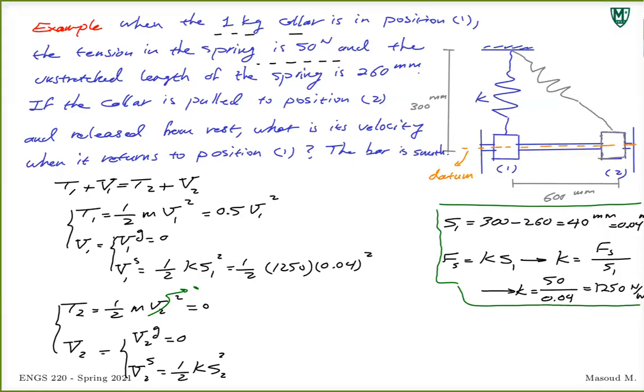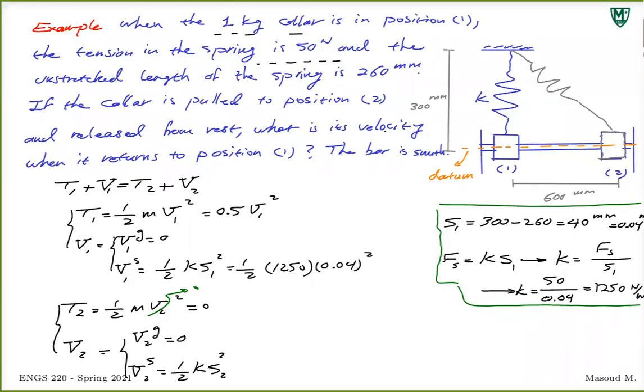S2 would be whatever is the length of the spring at position 2 minus whatever is the unstretched length of the spring. Now, unstretched length of the spring, we already know that it's 260 millimeters. So we have to find the length of the spring at position 2. Now, that can be found. If you look at the triangle there, we know 300 millimeters is the height, 600 millimeters is the other side.